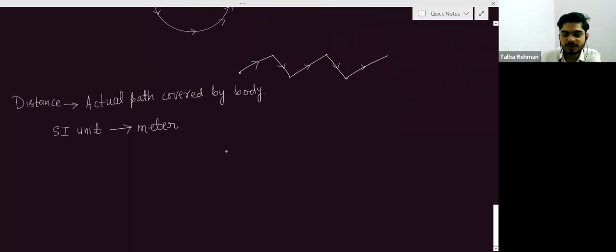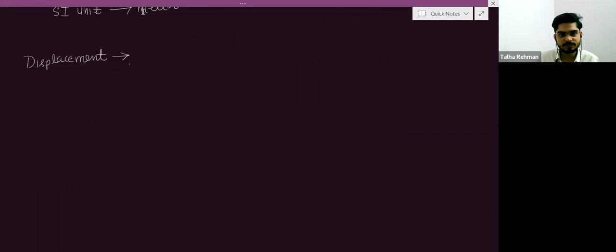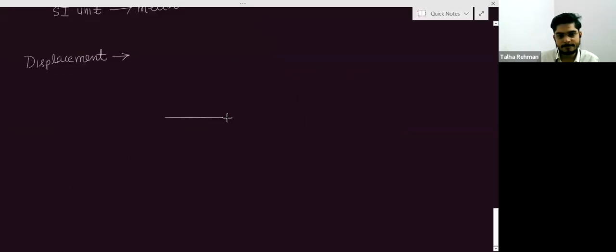Now there is another term, displacement. Now see what displacement is. Suppose, for example, a person is moving in this path, first here and then along this.